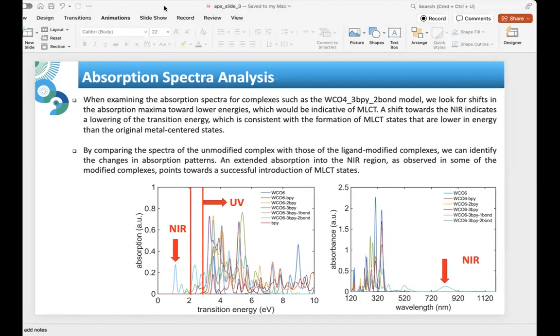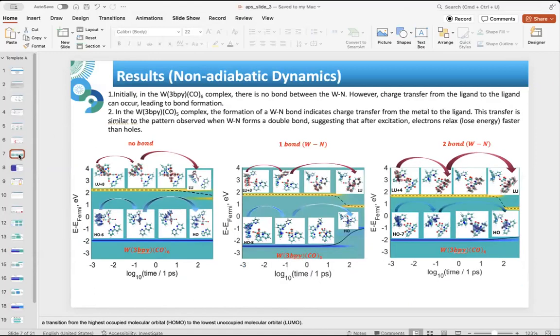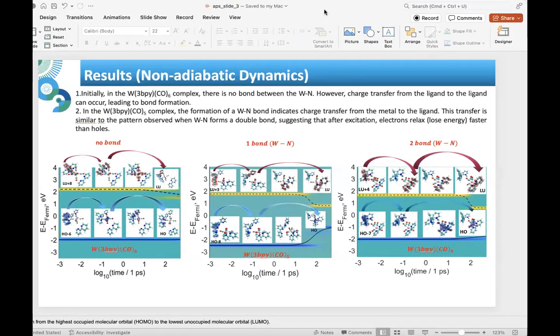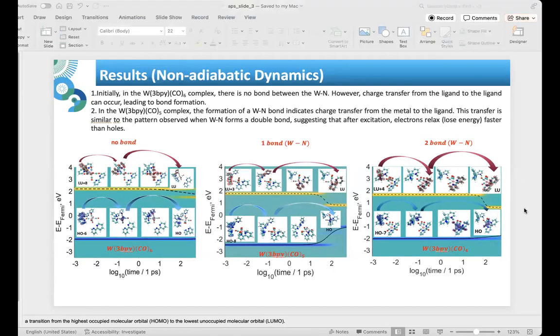Then the next slide is this one. Then we are moving to the non-adiabatic dynamics calculation. Here what we can observe is that the left figure is for tungsten with 3 bipyridine without any bond between tungsten and nitrogen.